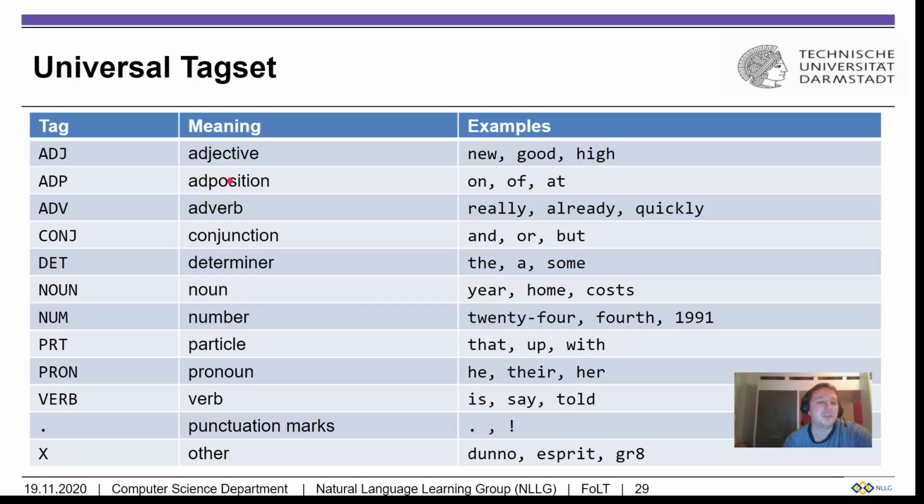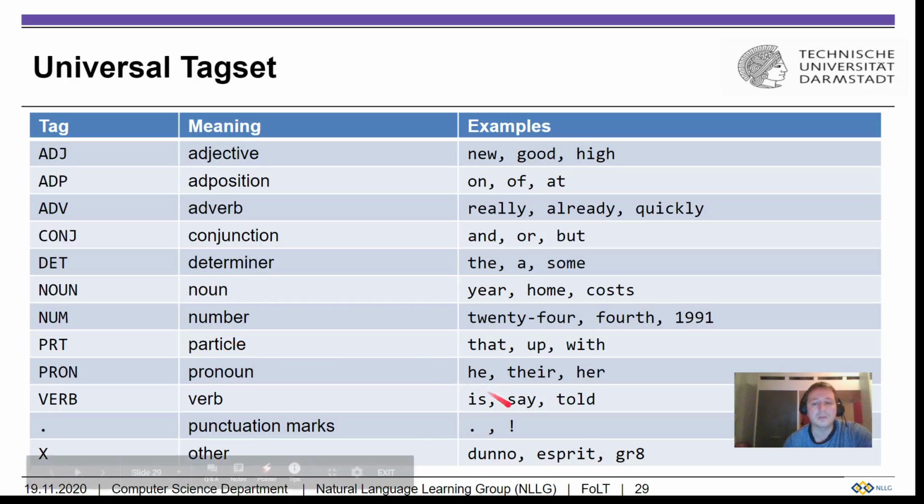That would be subsumed under the word adposition. Adverbs, conjunction, determiner. This is like articles: the, a, some, etc. Nouns, numbers like 24, Forbes, 1991. Particle, so this is like a rest category for things that cannot be classified right away as something else.